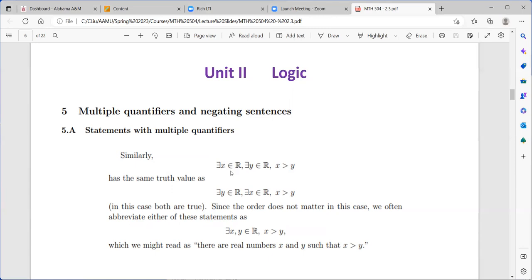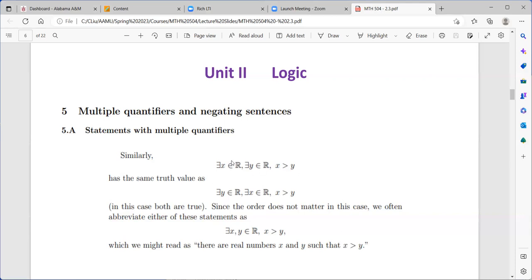If both are existential quantifiers, then the order is not important. For example, suppose we have the statement: there exists x in R and there exists y in R such that x greater than y. Of course, that's true. You can always find two numbers and one is greater than the other, right?